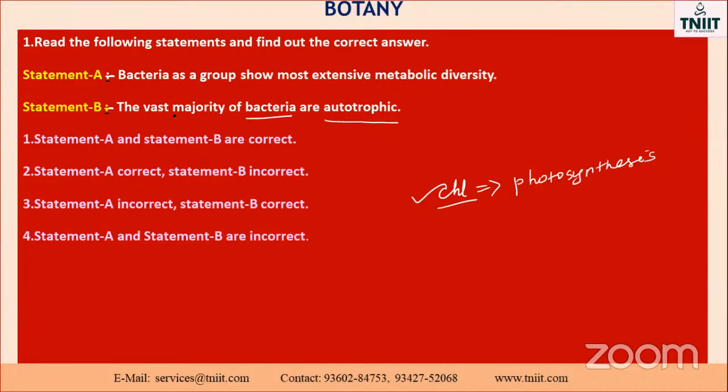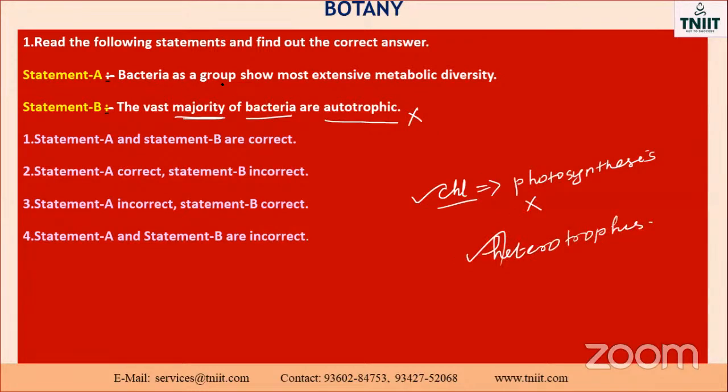Autotrophic means chlorophyll-bearing ones that can synthesize their own food with the help of photosynthesis. So this is not correct, because the vast majority of bacteria are heterotrophs, my dear, heterotrophs only. So this statement is wrong.